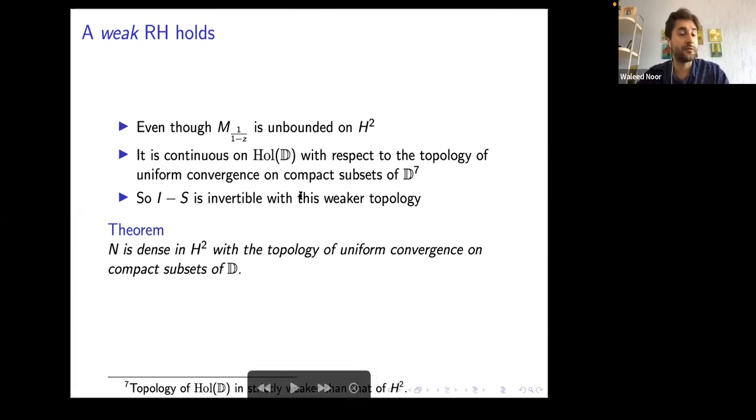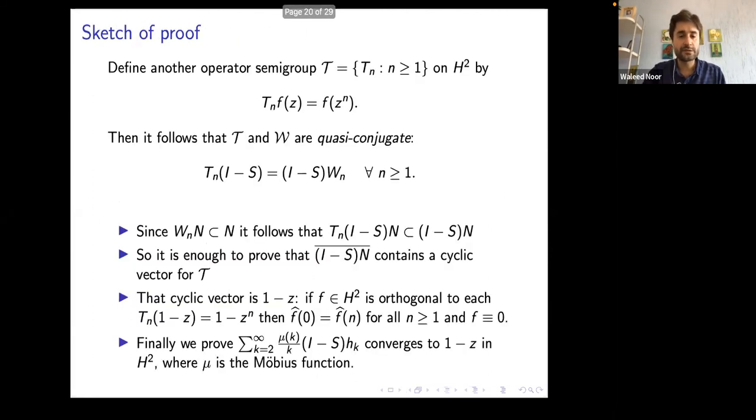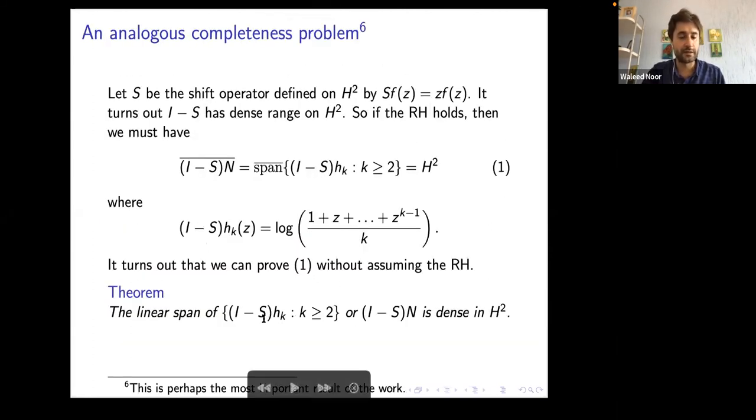Using this fact, and the fact that the Hardy space topology is stronger, meaning convergence in Hardy space implies locally uniform convergence, the previous result means we can invert this in a weaker topology.